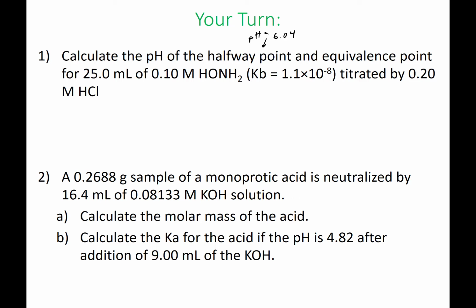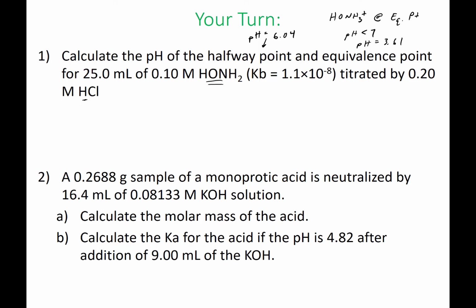And at the equivalence point, this is a weak base being titrated by a strong acid. So you're actually going to get the conjugate. The only thing present will be this at the equivalence point. So you should expect your pH to be less than 7, and it is. If you do this entire problem, I got a pH of 3.61.